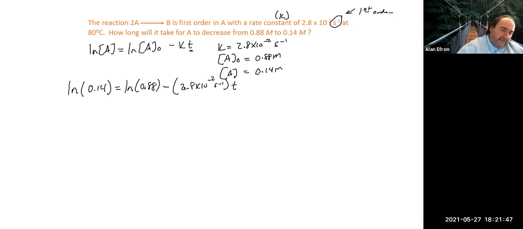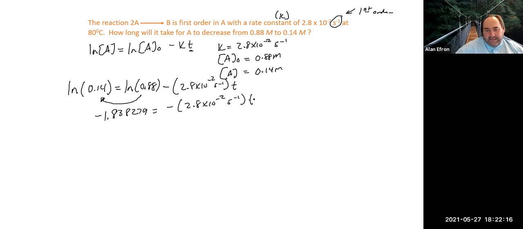How I would do this is I would take the natural log of 0.14, hit equals, then subtract the natural log of 0.88, bringing it to the other side and subtracting it. That's going to give me something like minus 1.838279, which is equal to minus 2.8 times 10 to the minus 2 reciprocal seconds times t.